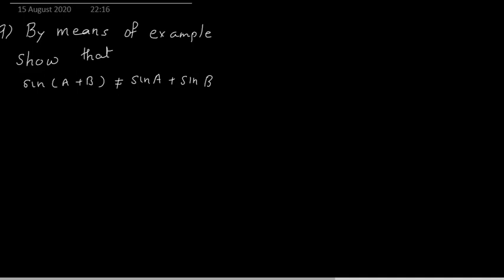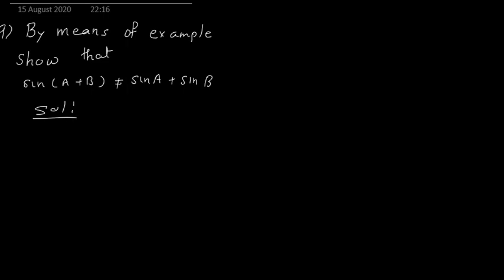In the solution, let a be 30 degree, and let us take b as 60 degree, because for 30 plus 60, which is 90, we know the value of sine, and we know the value of sin 30 and sin 60.